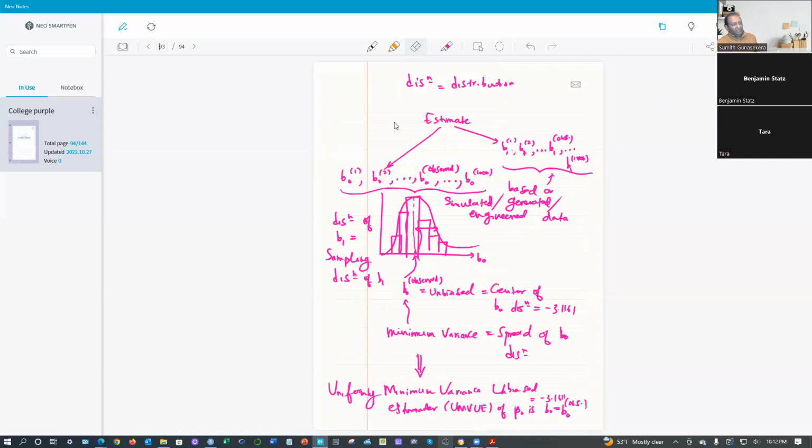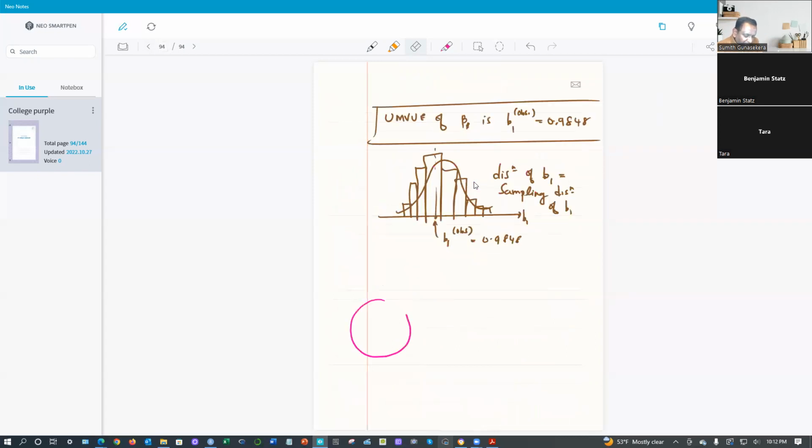Different samples. How do you get this one? Based on one sample. How do you get this one? Based on a second sample. How do you get this one? Based on my available sample. How do you get this one? Based on another 1000 samples. It's nothing but you have a population. From the population, can I get the B naught?